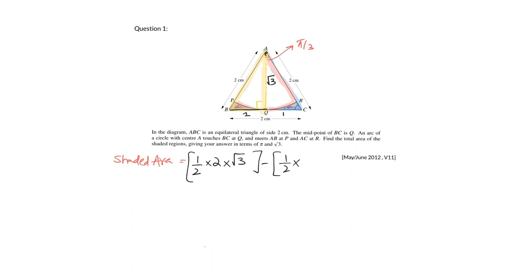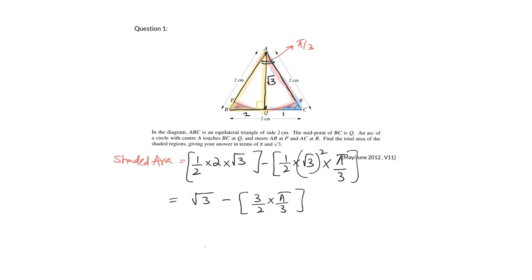Now the radius is AQ. AQ, AP and AR all represent radius. Okay, so the radius would be root 3. The angle is pi by 3. So you get root 3 minus 3 by 2 times pi by 3, and the final answer is root 3 minus pi by 2 centimeter square.